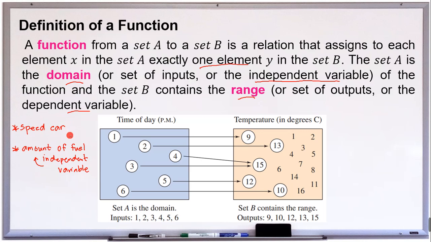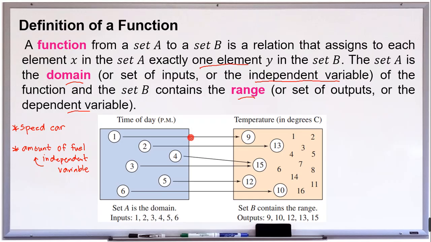Let's have another example in this figure. We have two squares. On the left we have the time of the day, which is our variable number one, and on the right we have the temperature in degrees Celsius.